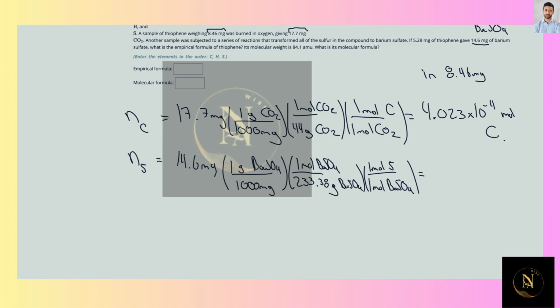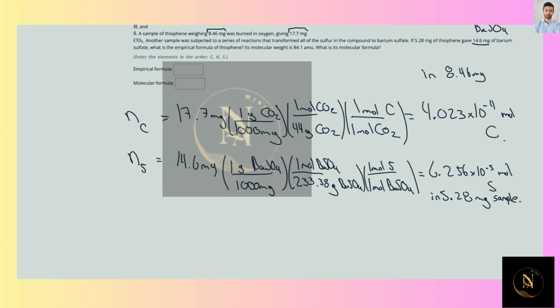In this case, 1 mole of barium sulfate has a molecular weight of 233.38 grams per mole. So after doing these operations, we're going to get 6.256 times 10 to the minus 5 mole of sulfur in a sample of 5.28 milligrams of sample.